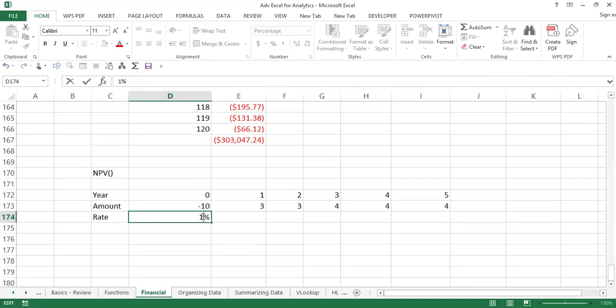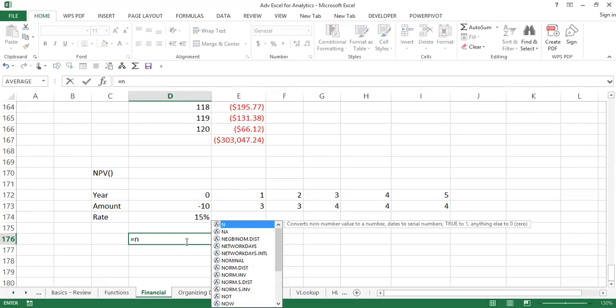Yes. The subject matter experts that are handling it will know what to use. Maybe the economists, the managers, they will know the rate to use. You as an analyst, you will be given the rate to use.